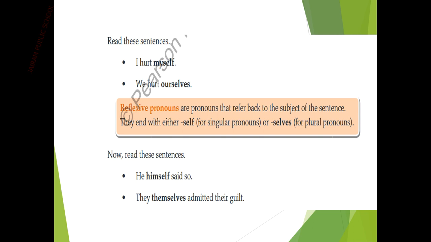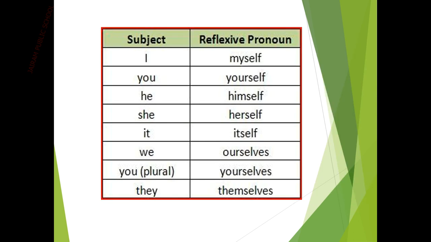Now read these sentences. He said to be himself, for male. They said to be themselves, for plural form. This is a chart which helps you to find out the answer, and also you will be able to understand reflexive pronouns. When the subject comes as I, you should change it into the reflexive pronoun myself.